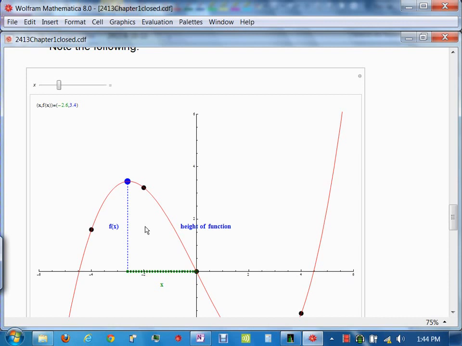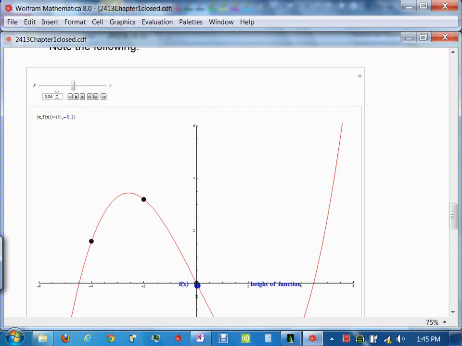So the output is how high you are off the ground. So is the output here positive or negative? Positive, right? Because I'm above the x-axis. And if I move over just a little bit to the right, I'm still positive, right? At some point, though, my height is actually what? Like right in there. I can't get right on it, but you can open this up and you can actually put in a value if you want.